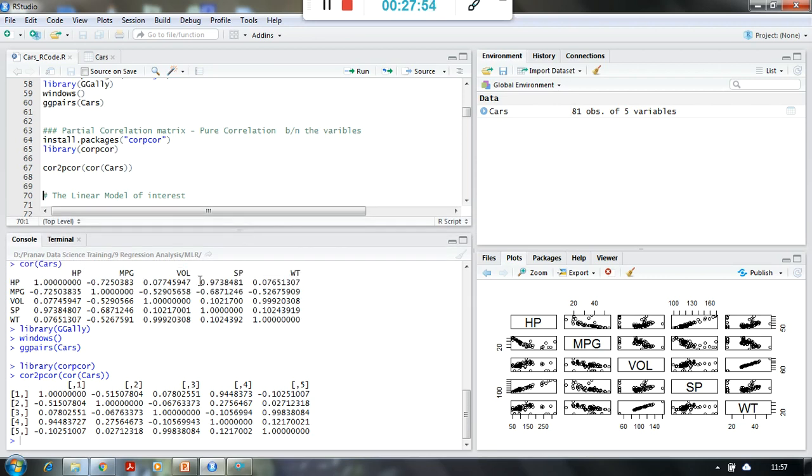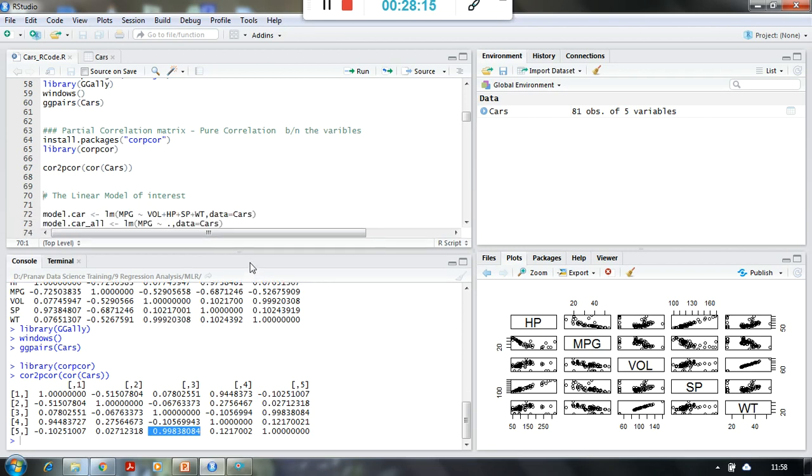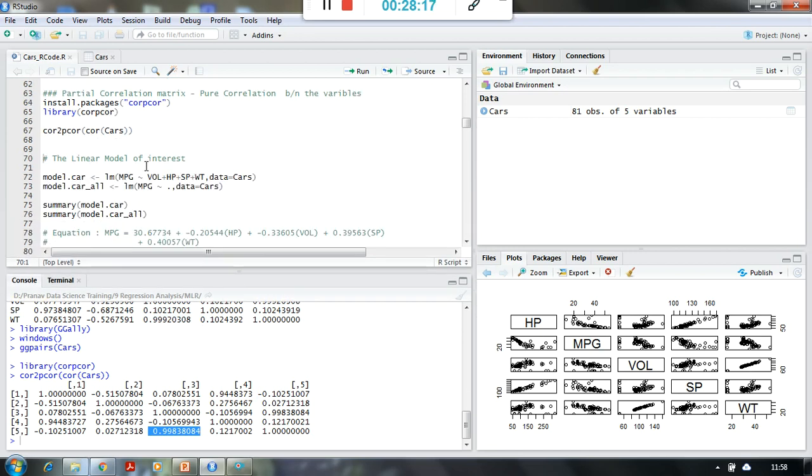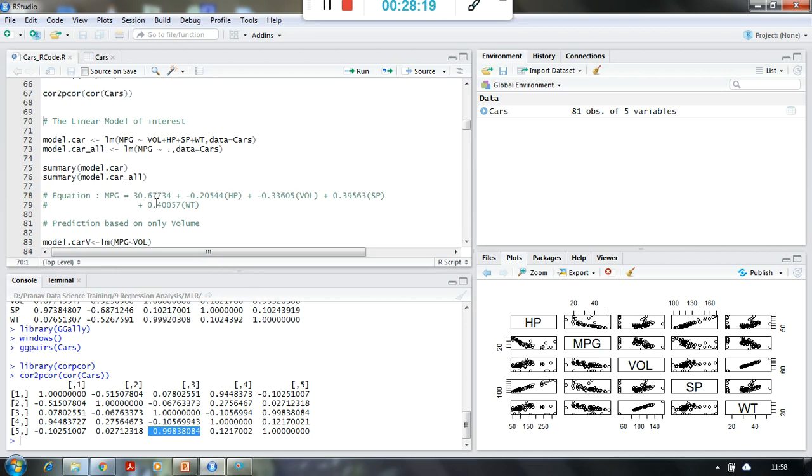Now you see here 0.97 between HP and SP has come down to 0.94 because the other variables are not influencing over here. Similarly, weight and volume was 0.999, something like that, and has come down to 0.998. So no significant change happened, which means that here is another confirmation that yes, they are involved in linear correlation between each other, and that is a problem.